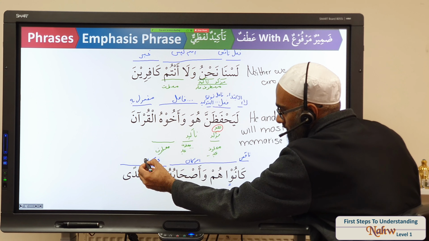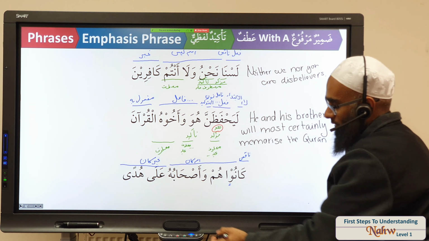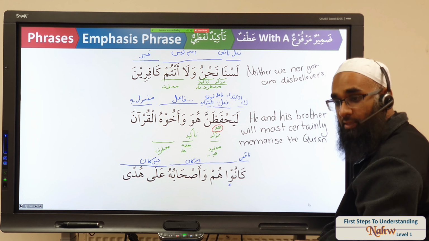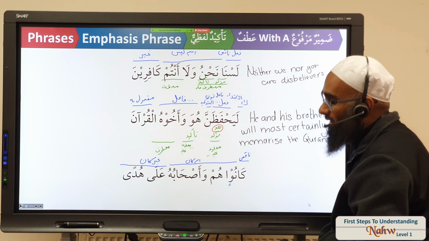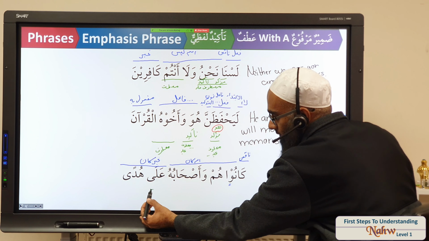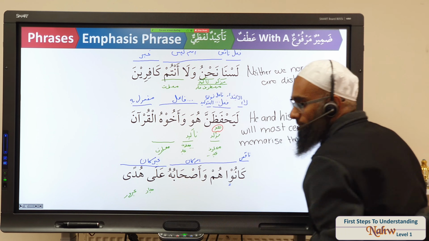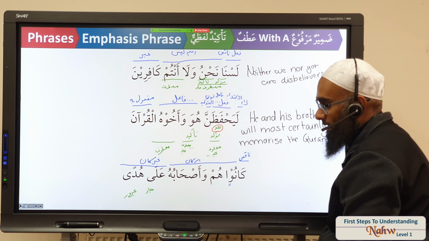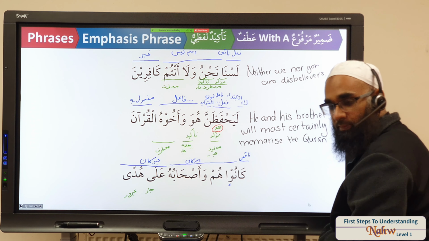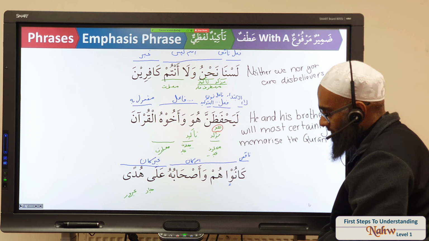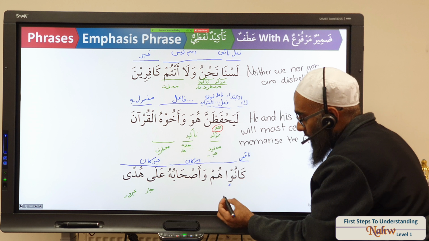Khabaru kana. Now break the ism. Khabar of kana is what? Very simple. It was going to be what? Jar majrur. And the ism of kana is broken down into what? What's mu'akkad and ta'keed?